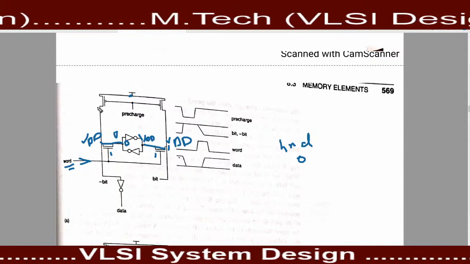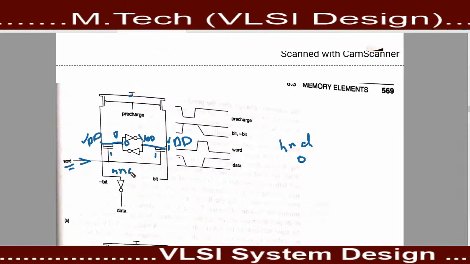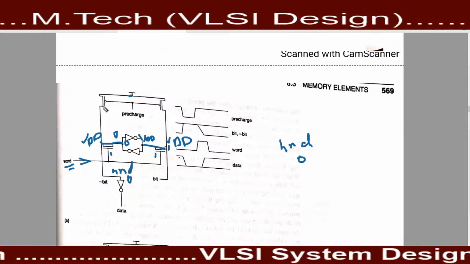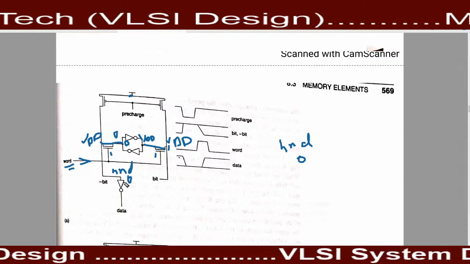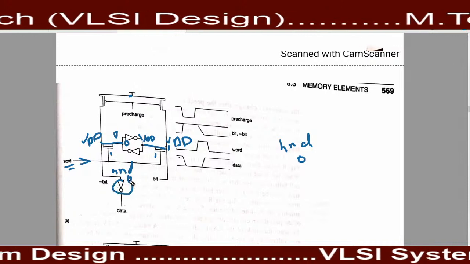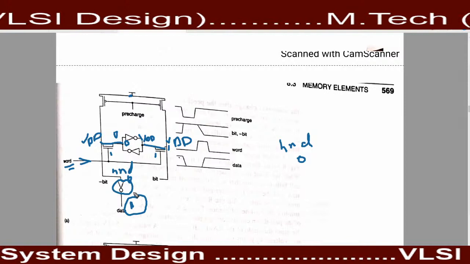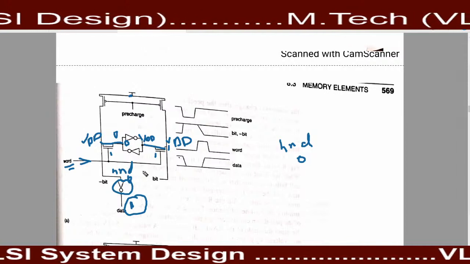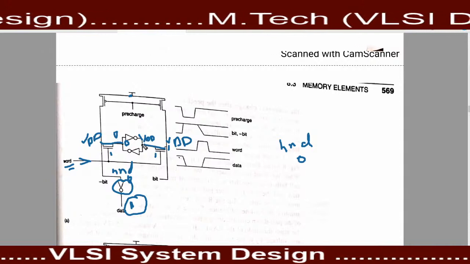So the voltage that we get at this end will be 0, because of this voltage dissipation. Now because of this inverter, this 0 will be 1. So by using this operation, we can see how we read the data that is stored here.